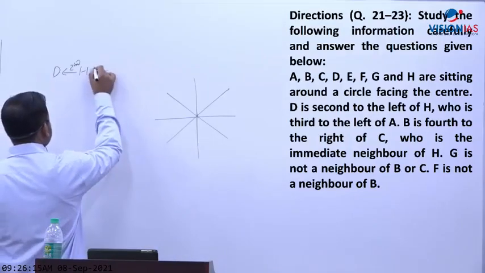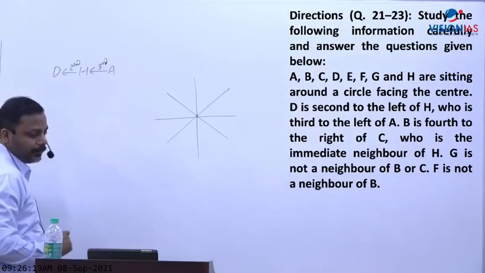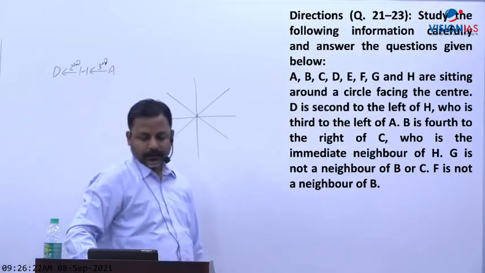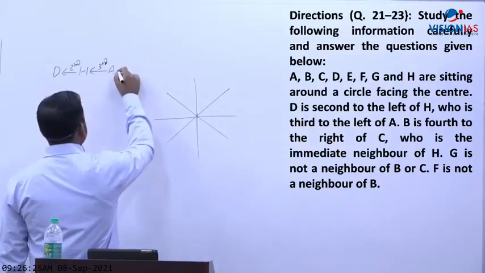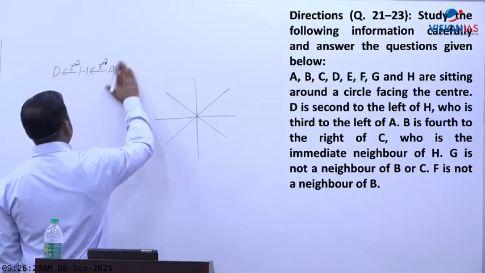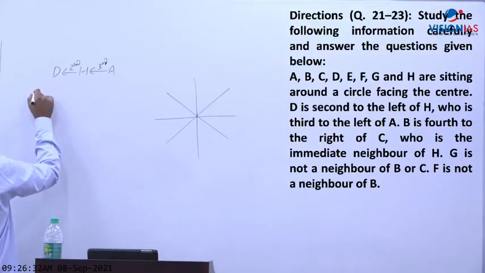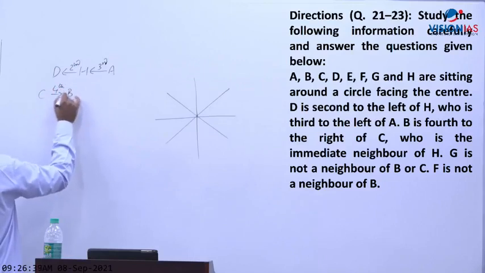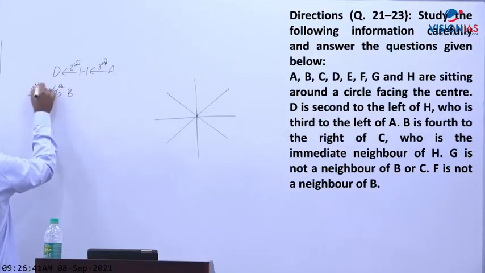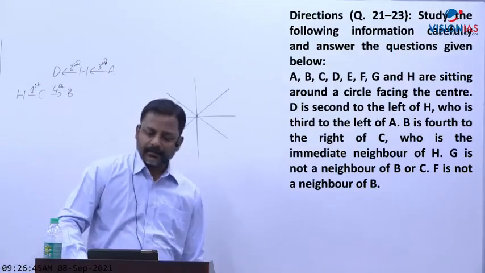Means H is third to the left of A. B is fourth to the right of C. Means on the right hand side of C, at fourth place, B is there, and H and C are neighbors.